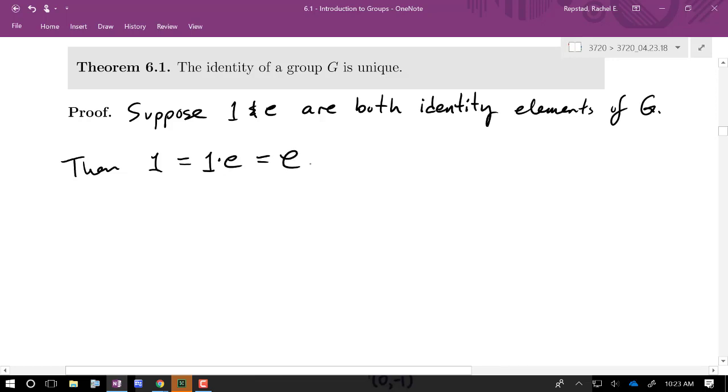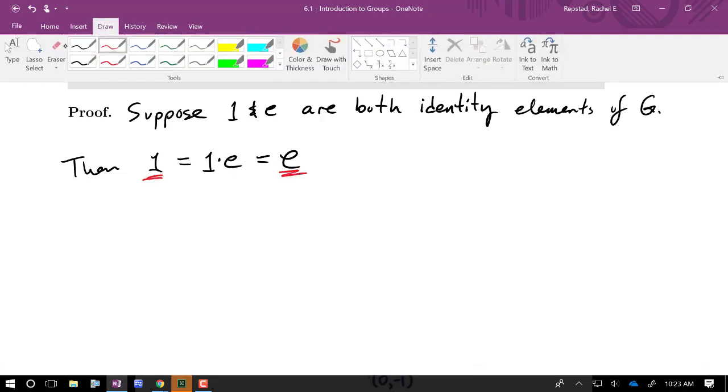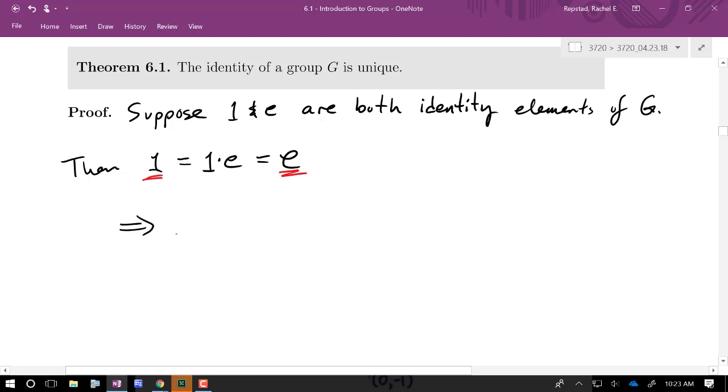Right, thinking of E as the identity tells me 1 is 1 times E. Thinking of 1 as the identity element tells me 1 times E is equal to E. So as it turns out, 1 is equal to E. So the identity is unique. There is only one identity element.